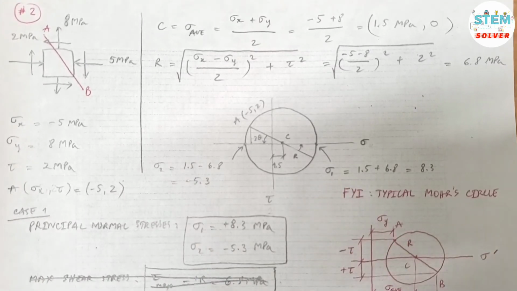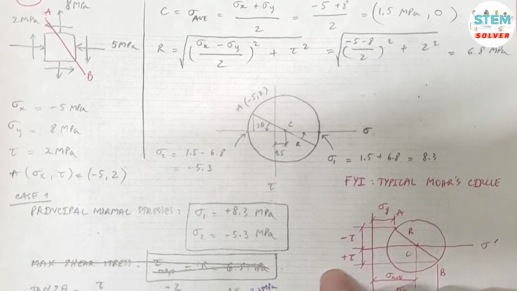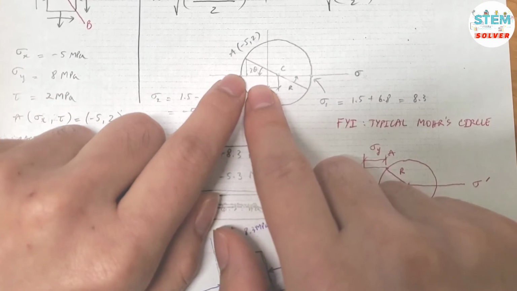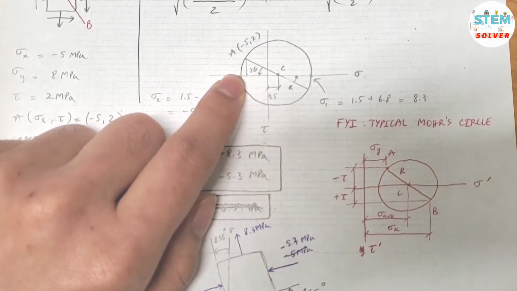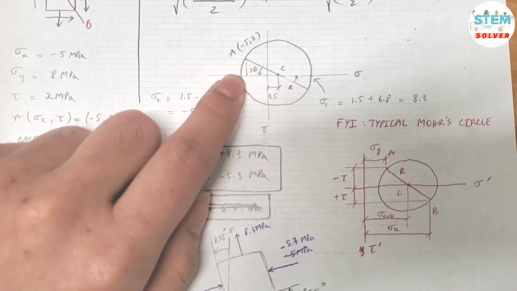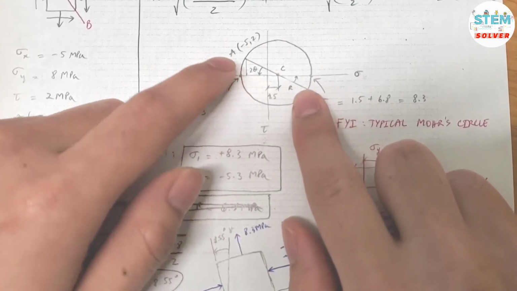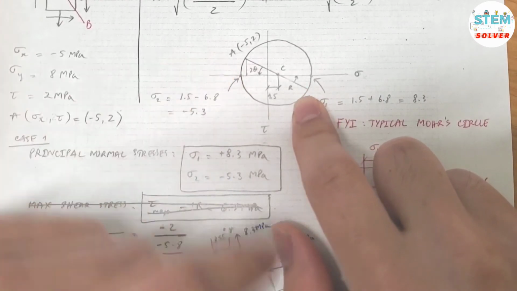All right, now to find the angle. Here's the representation of it. You have this line AB. Oh, where's my B? Let me put it in. My reference point is A, -5.2.